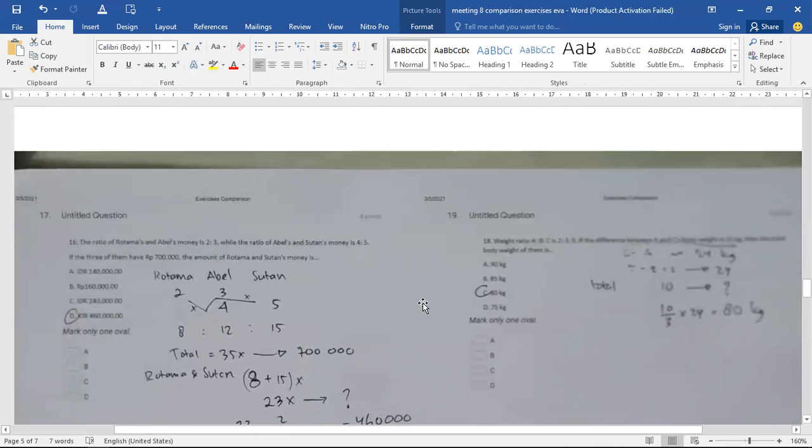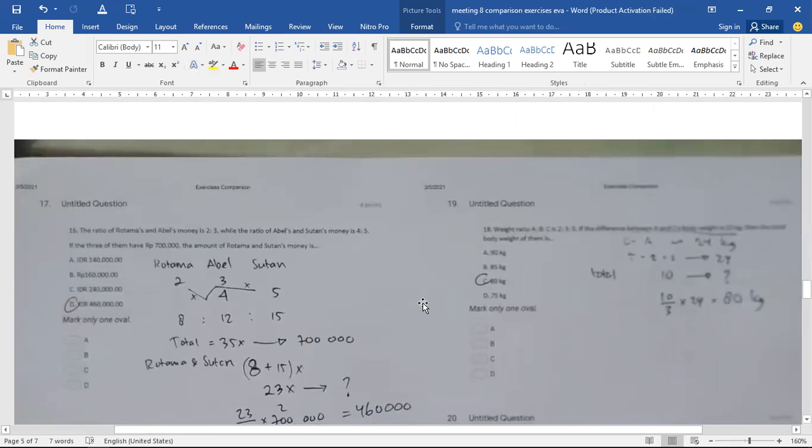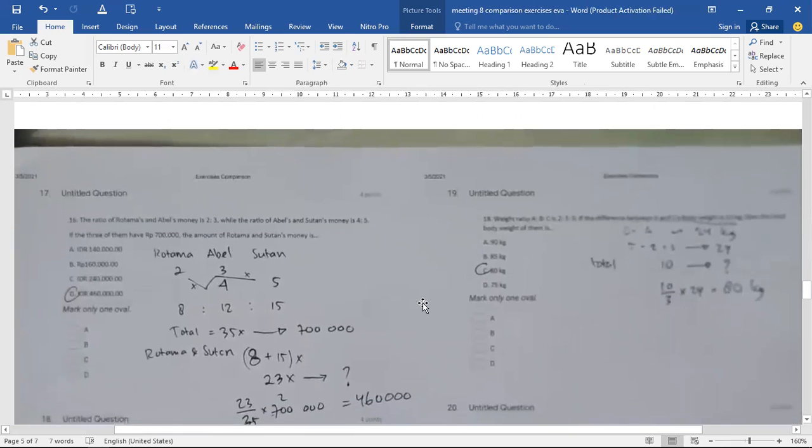Next, again, we still compare money. Now from Rotama and Abel, and then the other one is Sultan. But they have a two-step comparison. Rotama and Abel 2 and 3. Abel and Sultan 4 and 5. So we have to merge it into one kind of comparison.